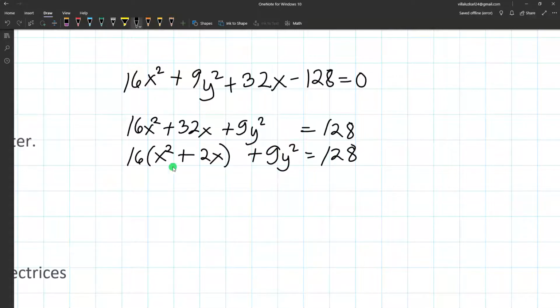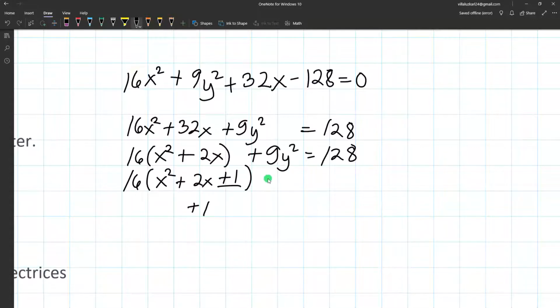For this expression to be a perfect square, or a square of a binomial, we will introduce an additional number: divide the coefficient positive 2 by 2, we will have positive 1, and positive 1 squared is also positive 1.